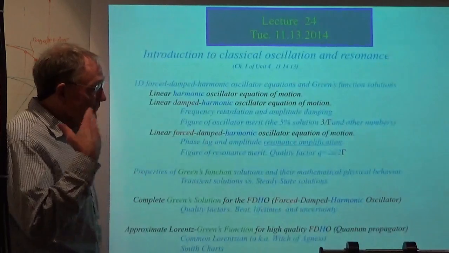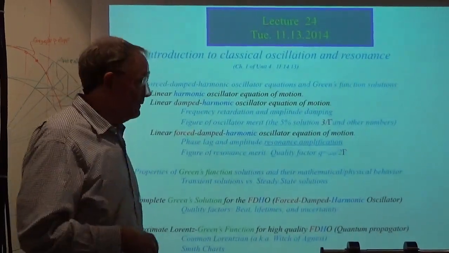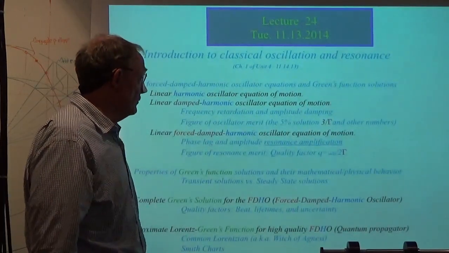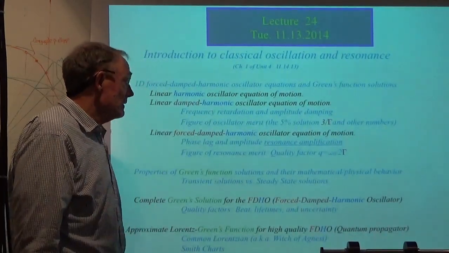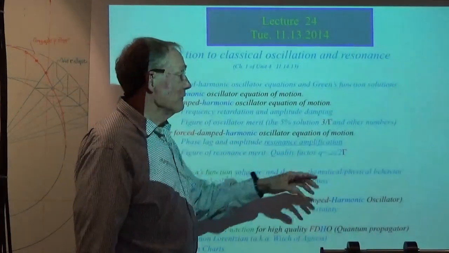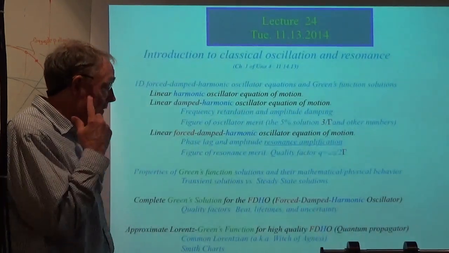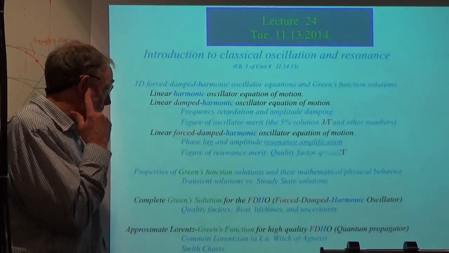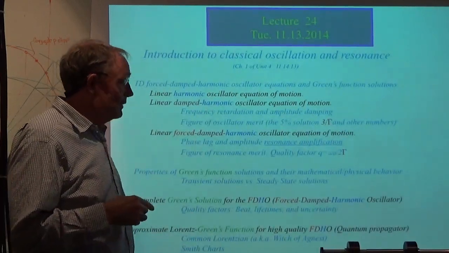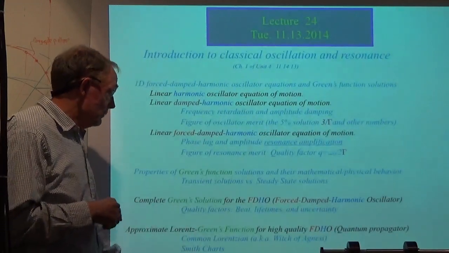That's something that once you learn it, you can figure out a lot of things that happen with resonance in your head. You don't sit down and do complicated calculations. Simple arithmetic is all you need. Also, the quality factor. Our quality factor is different from others by 2 pi, and that's important for what we'll be talking about. Now, the more advanced stuff of this involving Green's solutions, we'll introduce that a little bit as well.